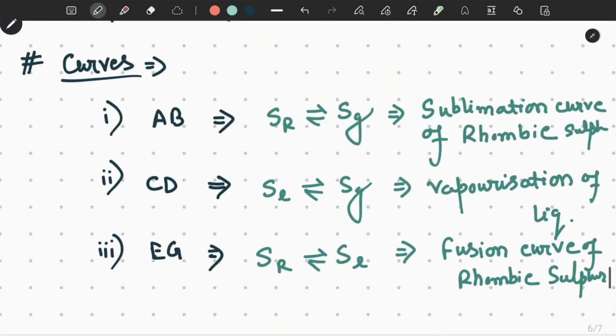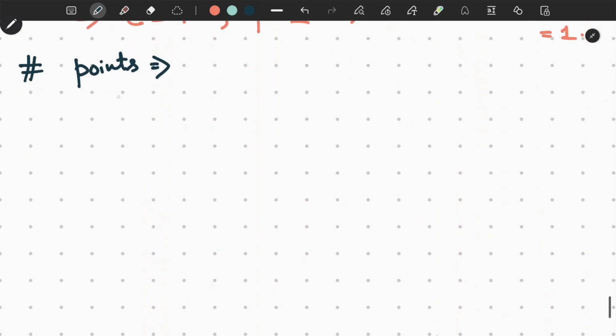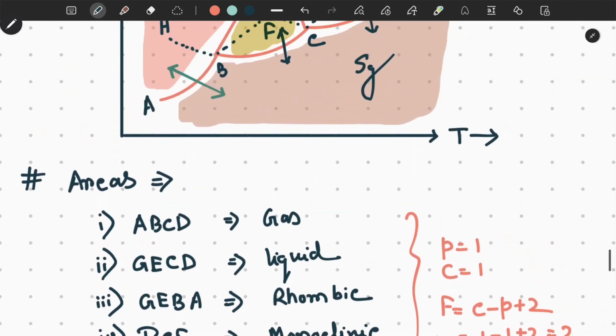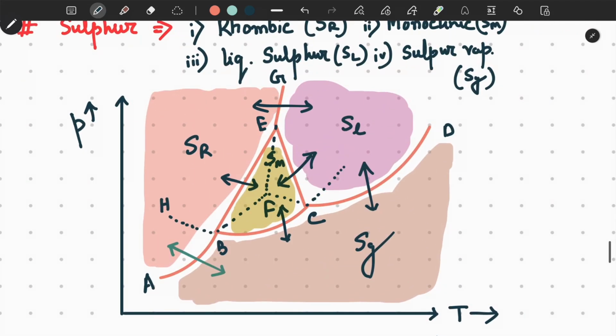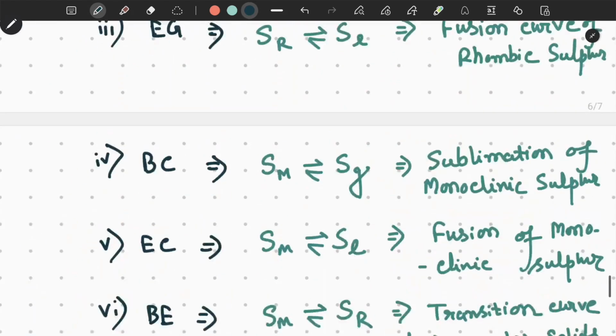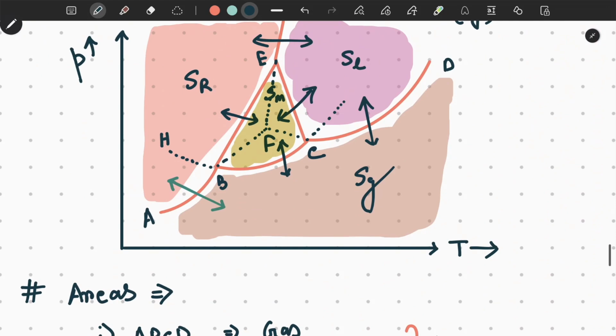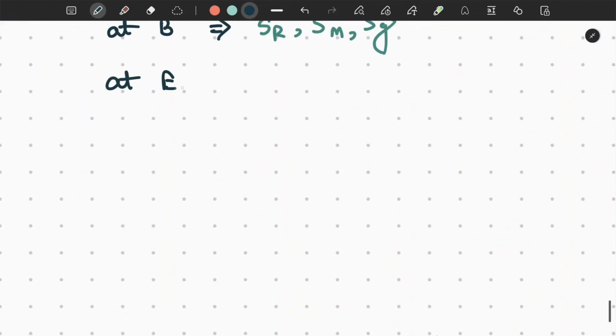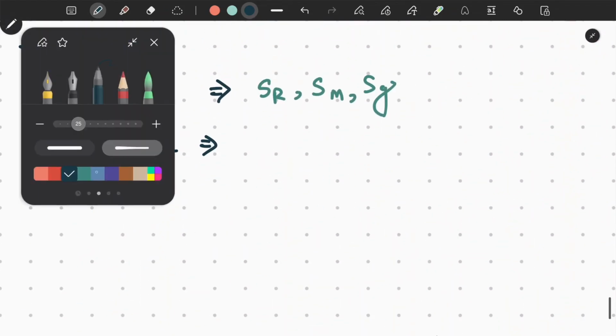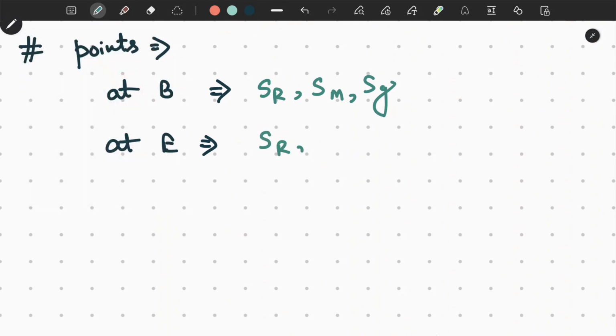So at point B, which states coincide? SR, SG, and SM: rhombic, gas, and monoclinic. Next is point E, where the phases are SR, SL, SM.